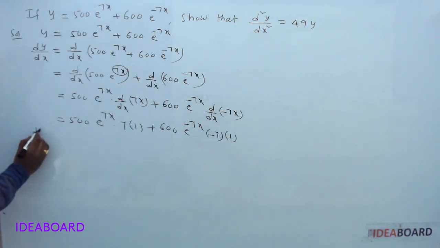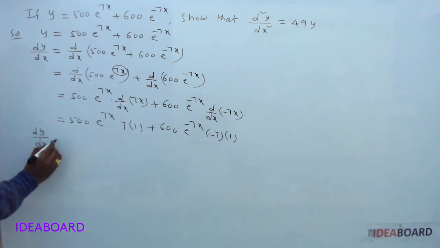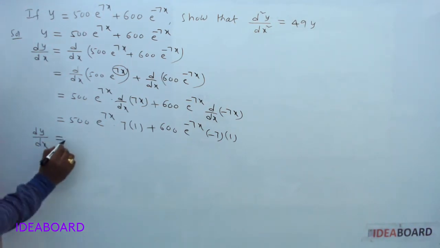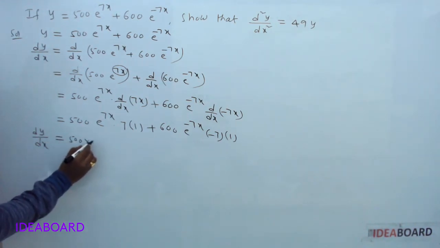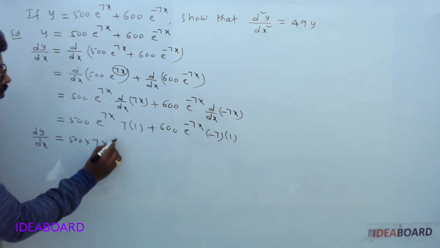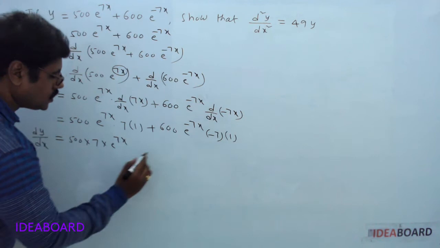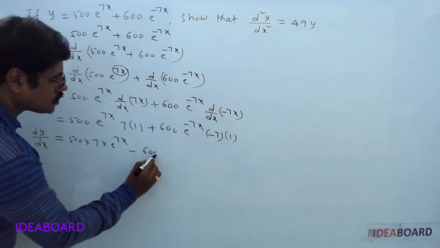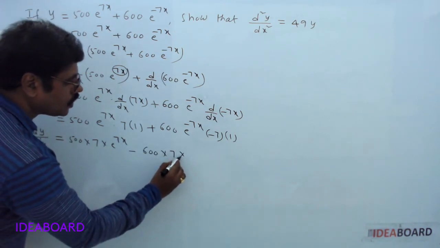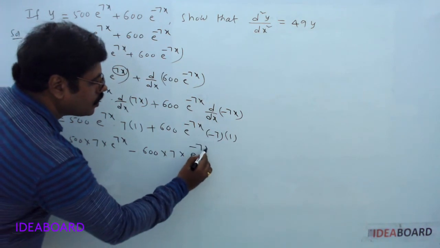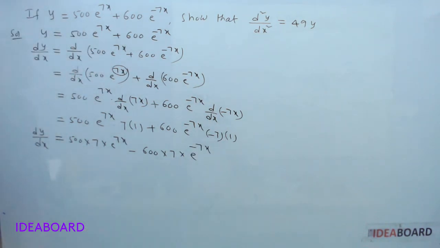So therefore dy/dx equals 500 into 7 e^(7x), now plus into minus, minus 600 into 7 e^(−7x).